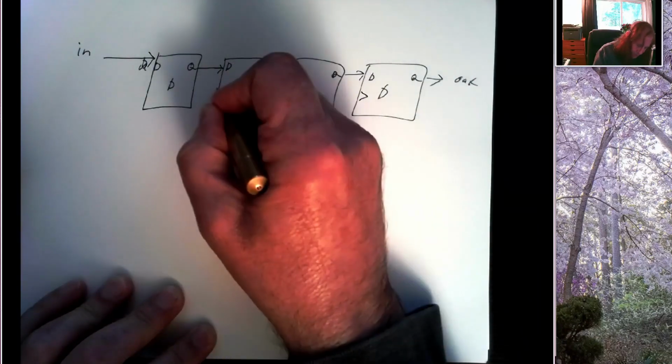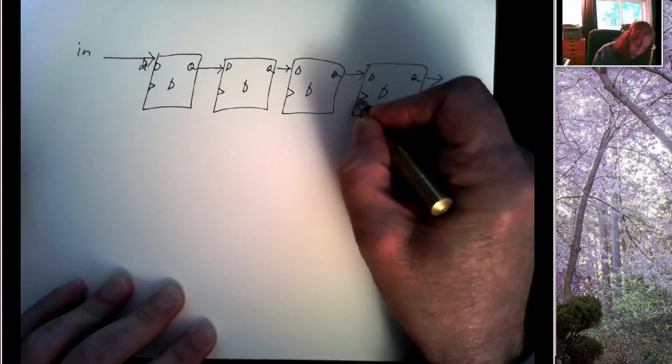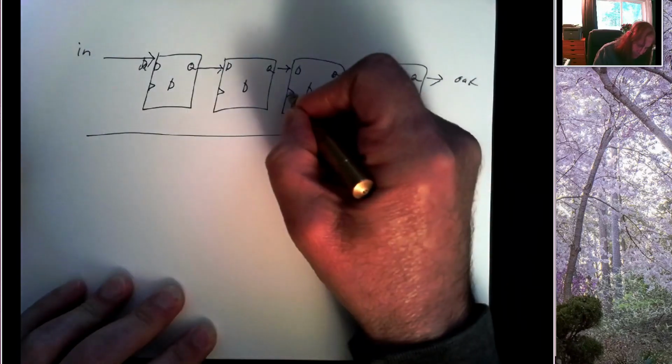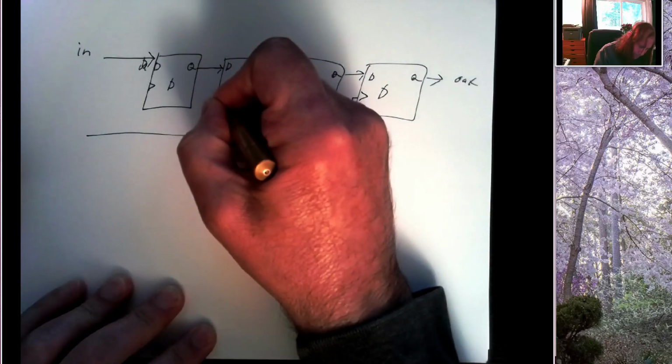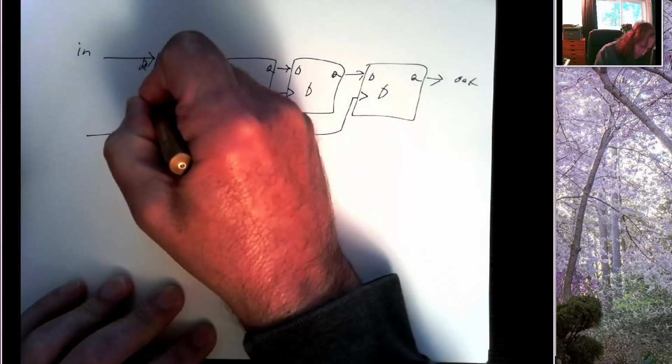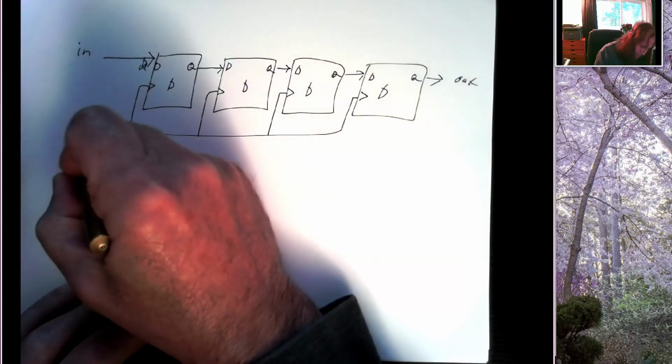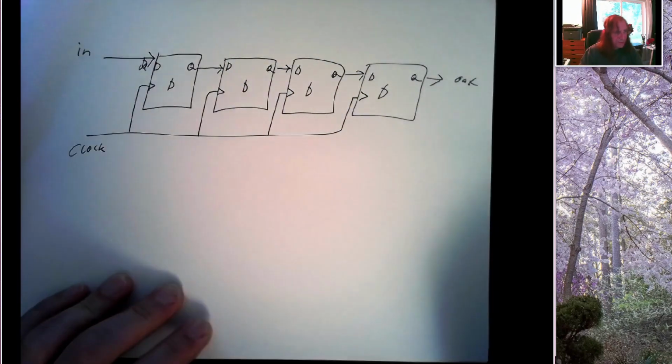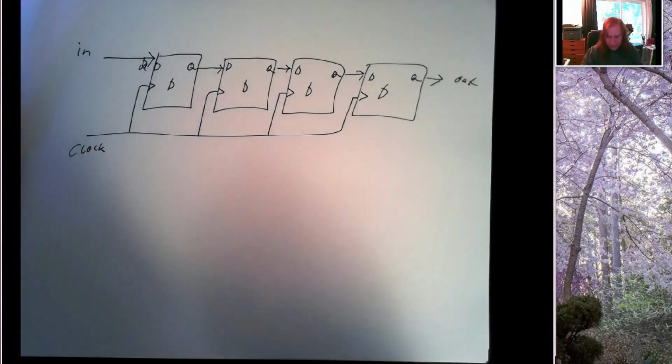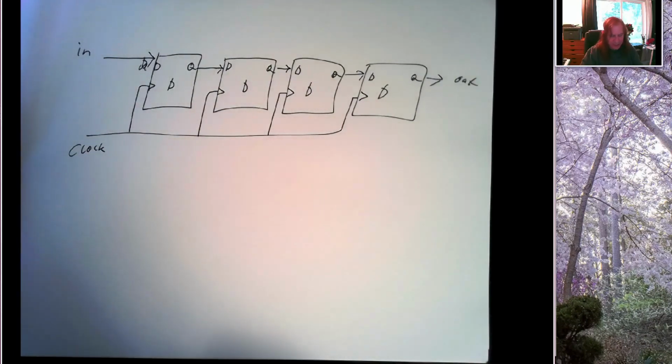We don't usually show the clocks. We understand all the clocks will be ticked in unison, but I'll go ahead and draw these for this sake. And so here's our clock input. And the question is, what happens when the clock ticks?